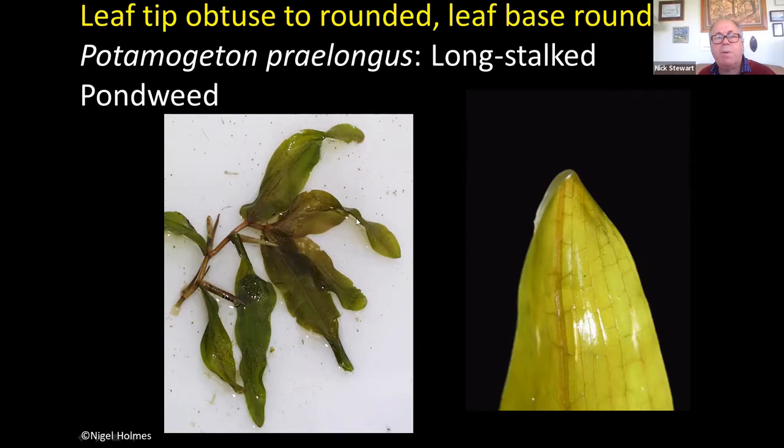Another typical feature of praelongus is that it often has a very hooded tip to the leaf. Perfoliatus will produce a bit of a hooded tip, but it tends to be more prominent in the long-stalked pondweed, and often in herbarium specimens you can see, once you press, the hood splits open. You often have a little nick in the end where the hood has burst.